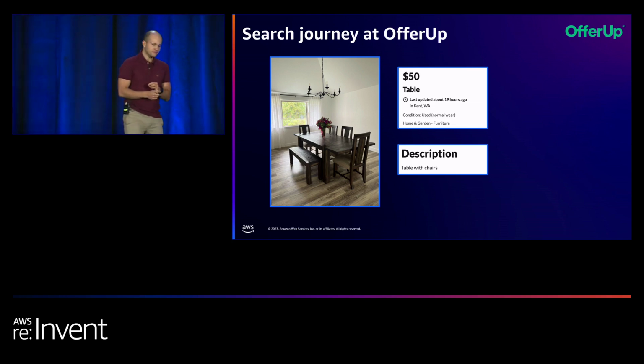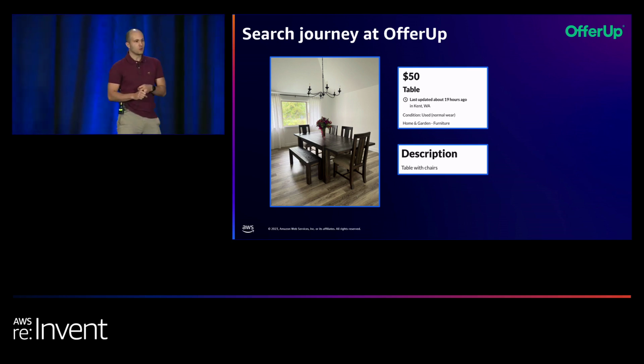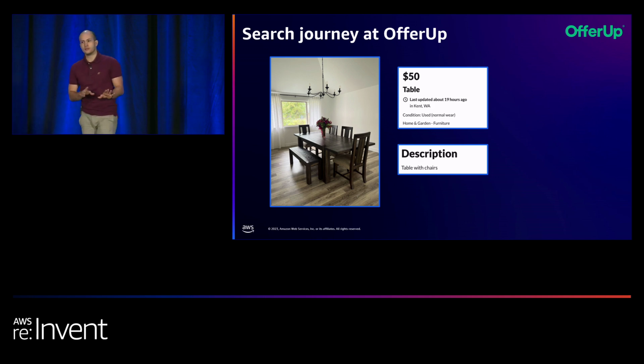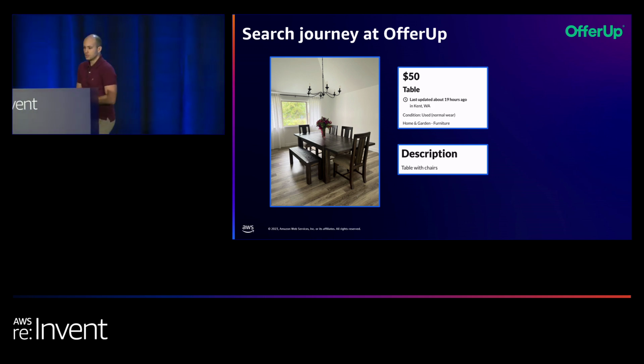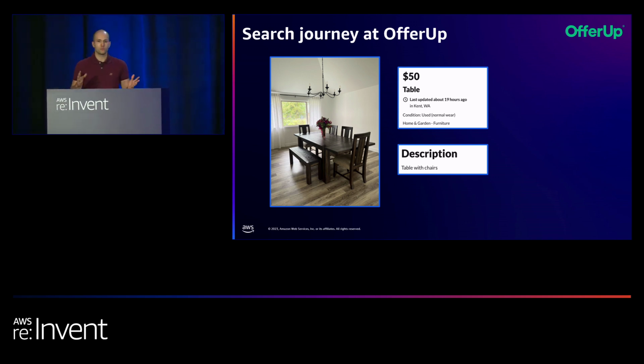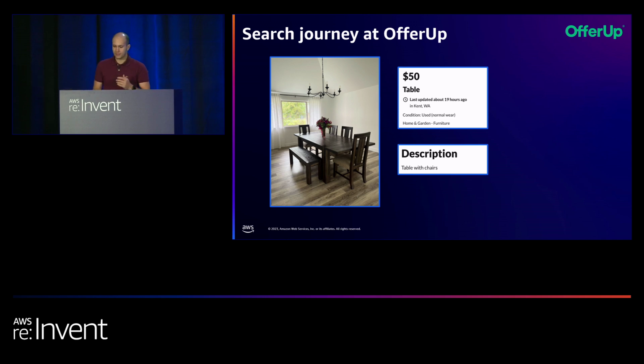But the image gives you a lot of details such as the color, the shape, the number of seats being sold, and also the size of the seats. So the image gives you a lot more information about this context, and that's why it is really important to take this into consideration.